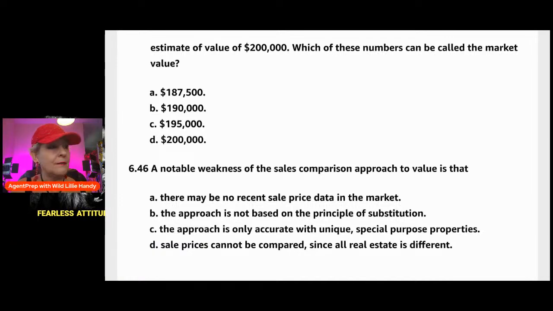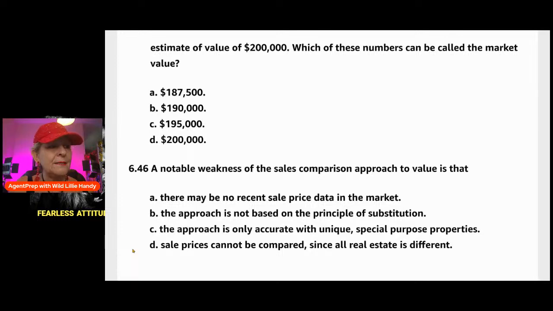All right, number 46. A notable weakness of the sales comparison approach to value is that: A, there may be no recent sale price data in the market. B, the approach is not based on the principle of substitution. C, the approach is only accurate with unique special purpose properties.